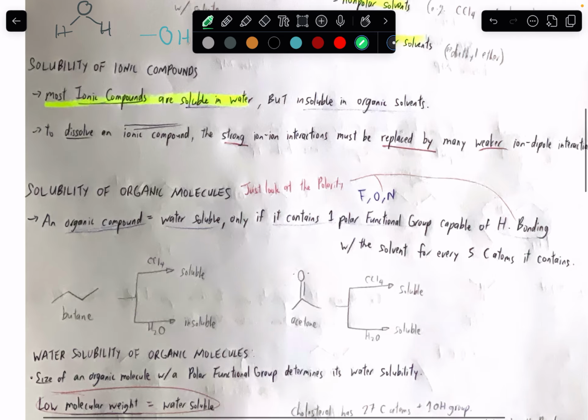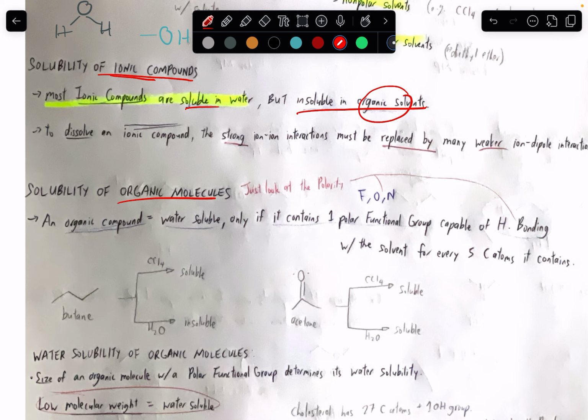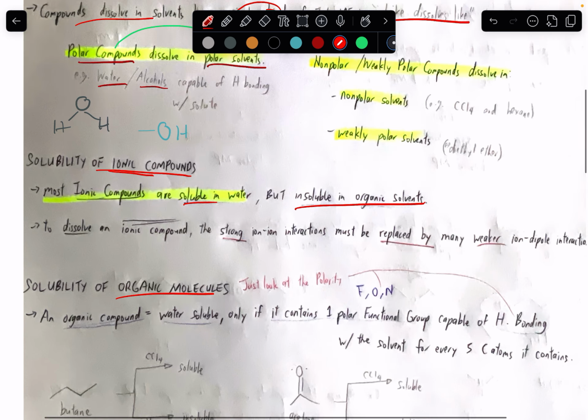Okay, solubility of ionic compounds naman. Basically, we're testing the solubility of ionic and organic. So for ionic, they are soluble in water, but they are not soluble in organic solvents. Isang halimbawa ng organic solvent is ito, CCl4.